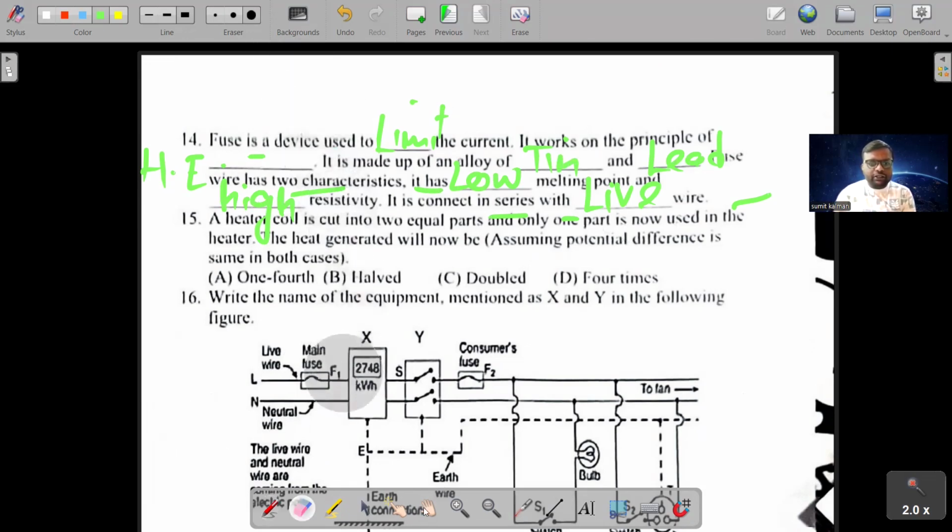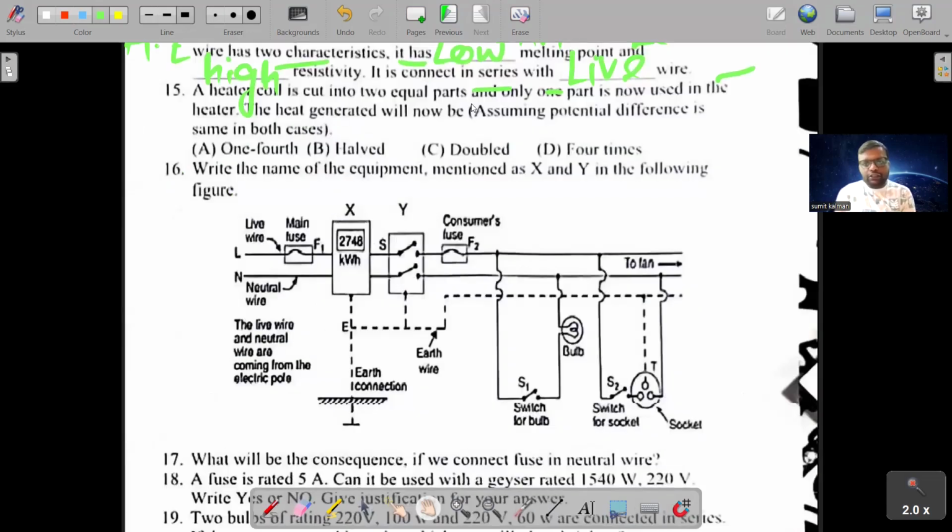Next, students: a heater coil is cut into two equal parts and one part is now used in the heater. The heat generated will now be, assuming the potential difference is the same in the circuit. So the length becomes L dash, equal to L by 2.